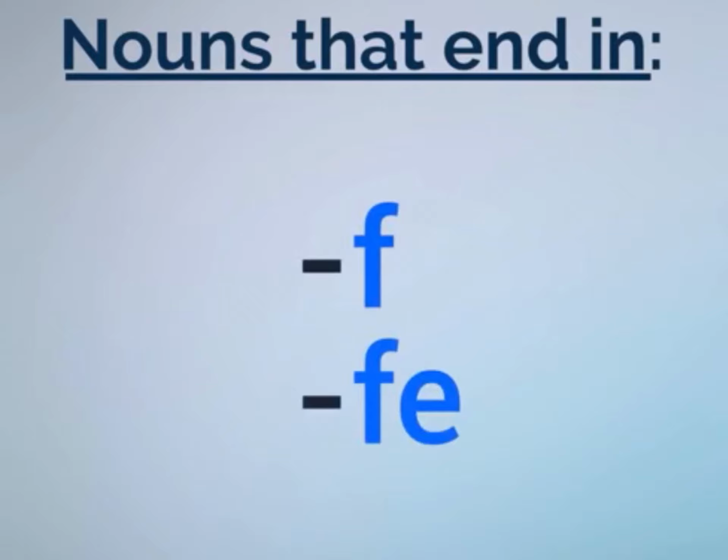So here we added a VES. So this is also not a rule, but you must learn the words, like wife becomes wives. So we have wife for singular, WIFE. For the plural, we have WIVES. Okay? And we know these already.